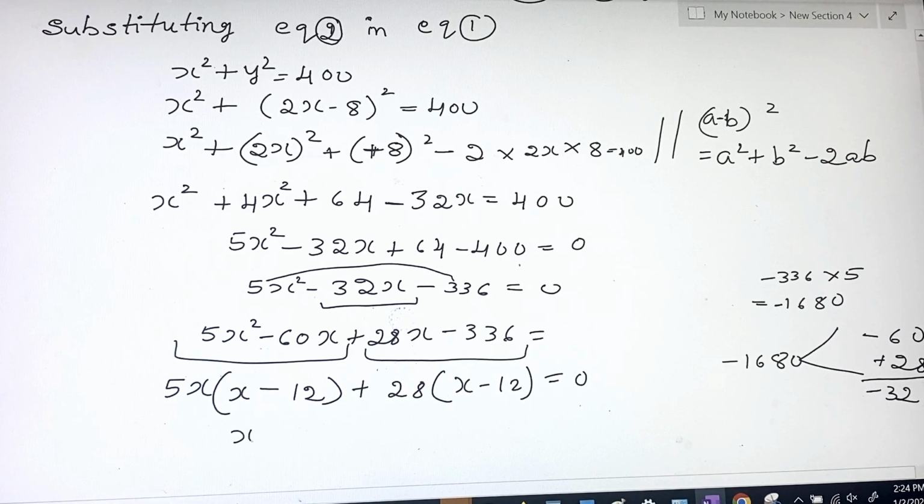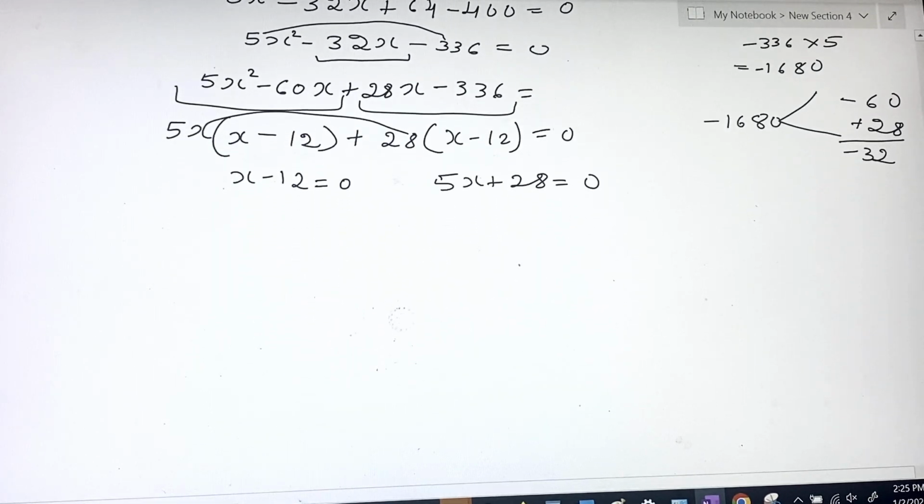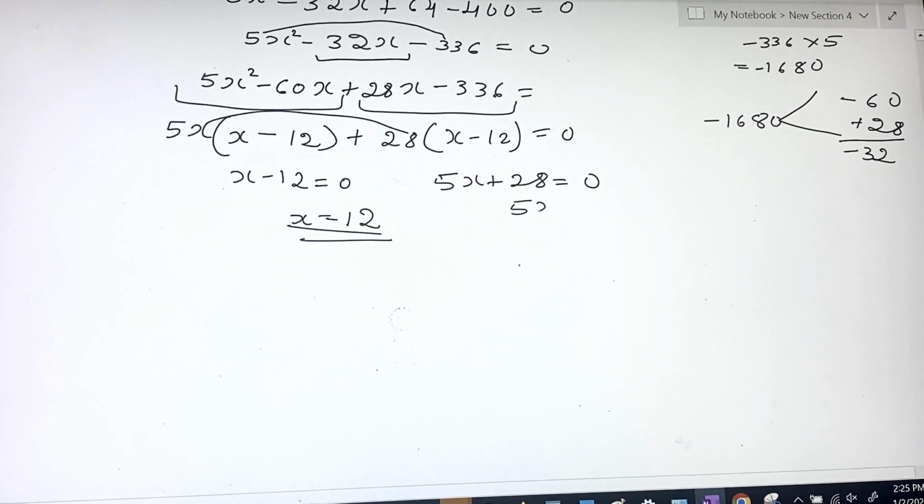So x minus 12 is equal to 0, and the next one is 5x plus 28 is equal to 0. Now if we find the x values, x is equal to 12 or 5x is equal to minus 28, so x is equal to minus 28 by 5.